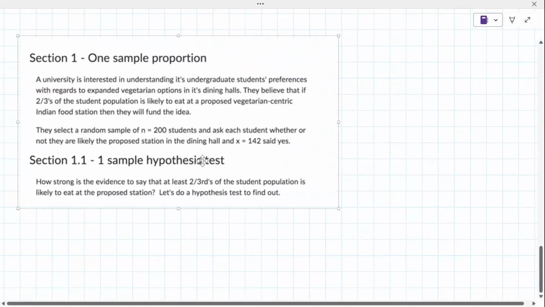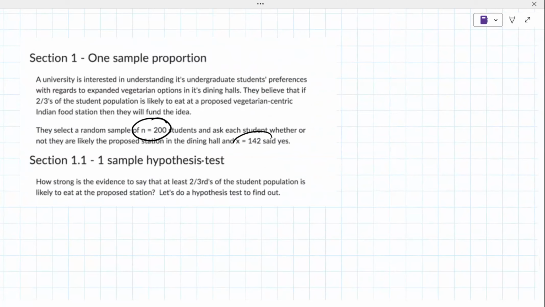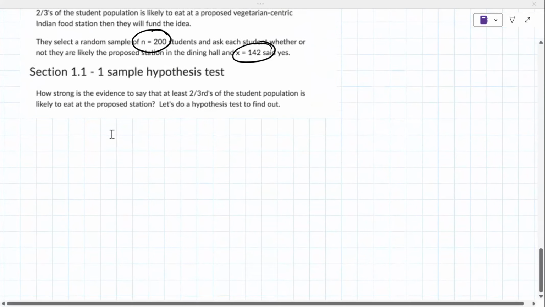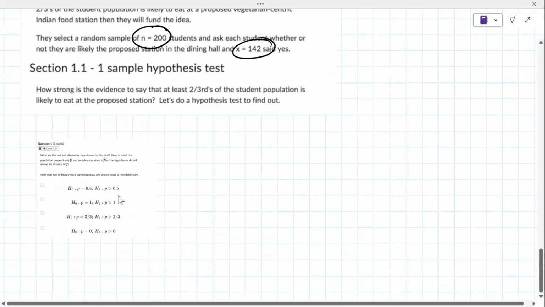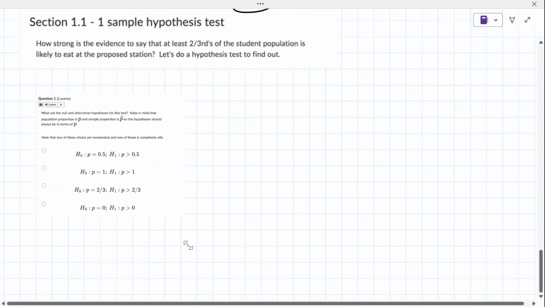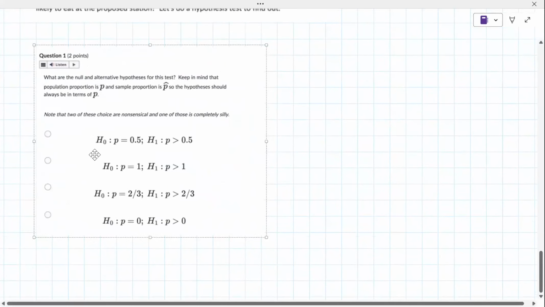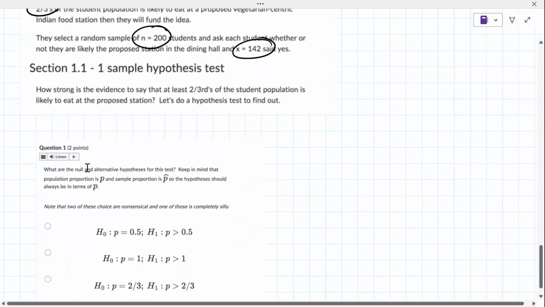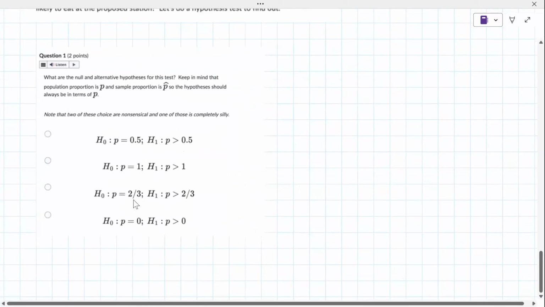They tell you that out of 200 students, 142 said yes. Now, that actually is not what is needed for the null and alternative hypothesis. Null actually refers back to what they believe to be true, which is 2/3. So you're looking for the only one that's 2/3.